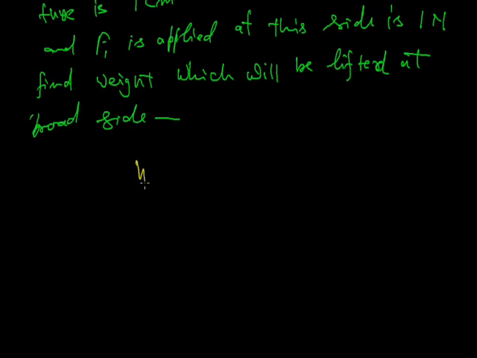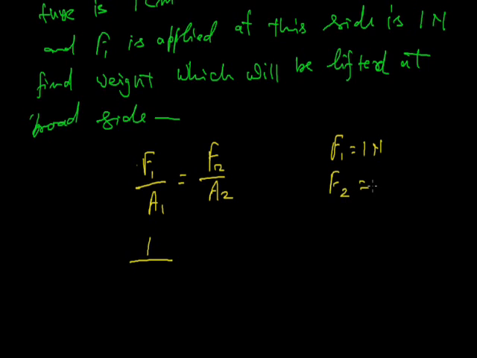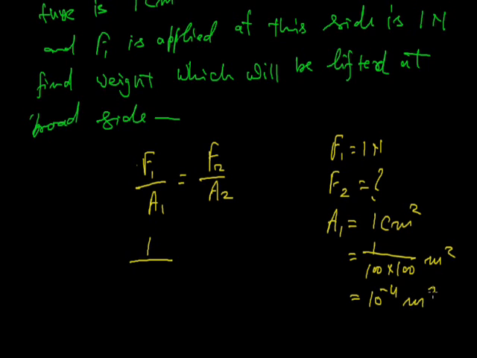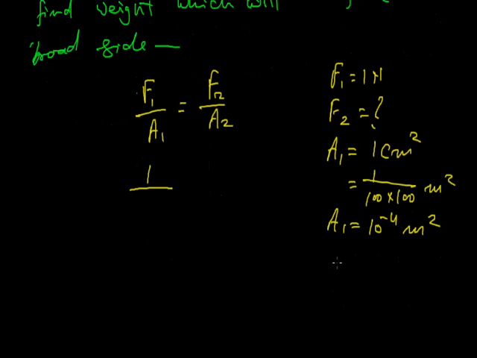We know that F1 upon A1 is equal to F2 upon A2. F1 is 1 Newton, F2 is to be found. A1 is 1 centimeter square, that is 1 by 100 into 1 by 100 meter square, that is 10 to the power minus 4 meter square, and A2 is 1 meter square.